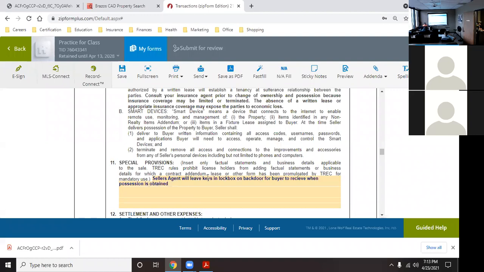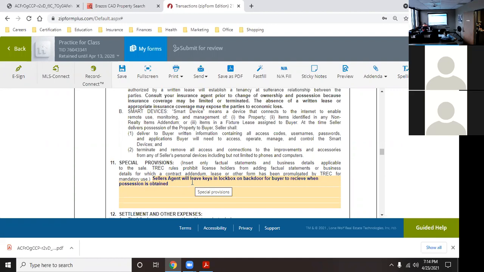So this is basically saying that the only thing I require that's a business detail is I want the seller's agent to leave the keys in the lockbox on the back door. That way, whenever possession is obtained by my buyer, they have a way to access the keys without having to go to the seller's agent office to get the keys.